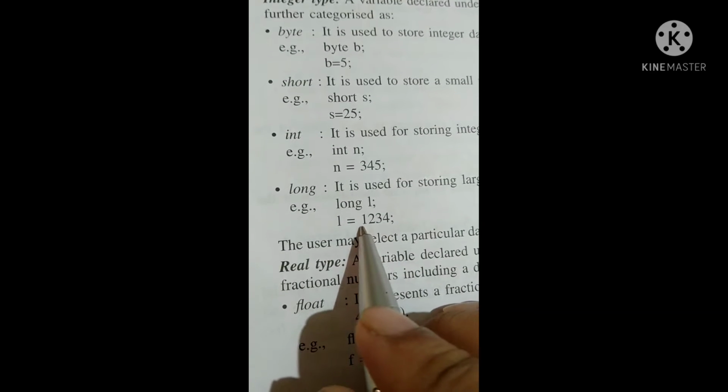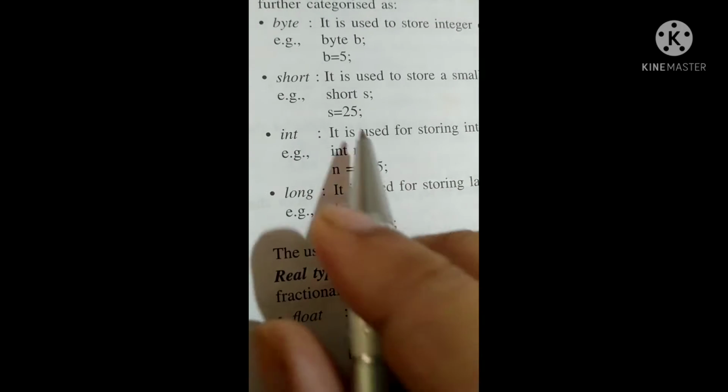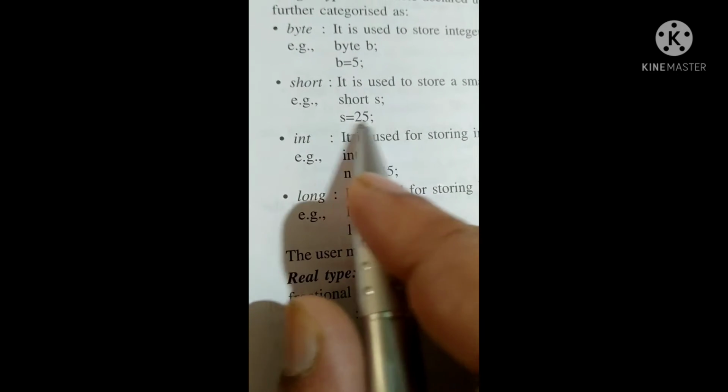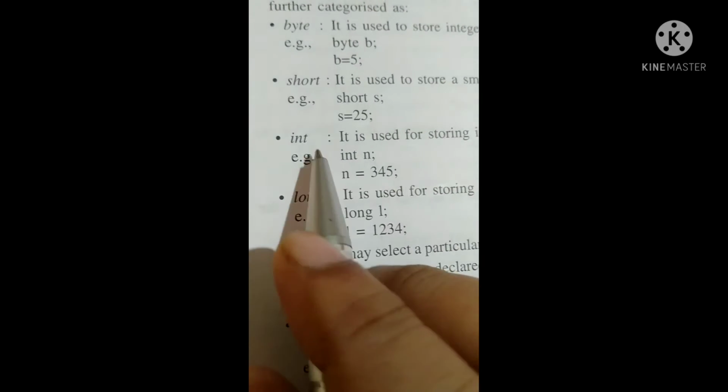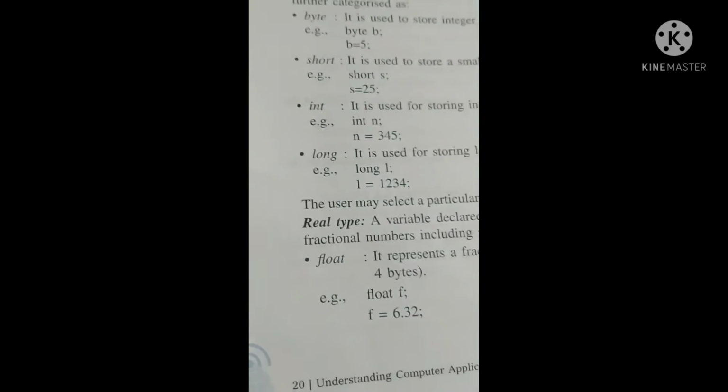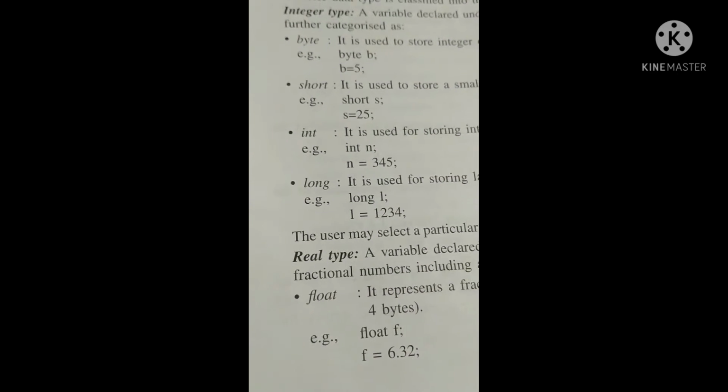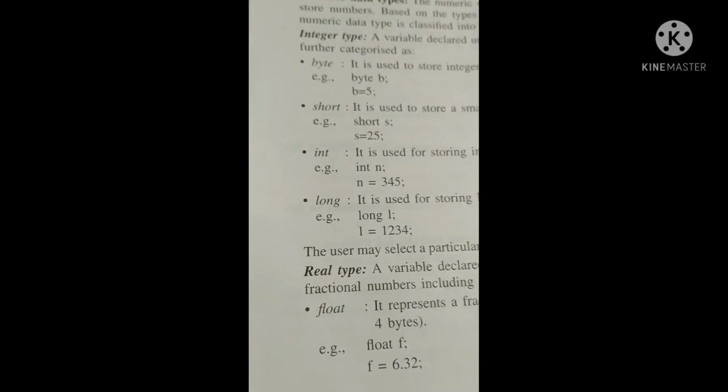If you have long numbers, then you declare long. If you have short numbers, then you take short. If you are taking normal numbers, then you use int. Like this you can declare your data type according to the numbers.